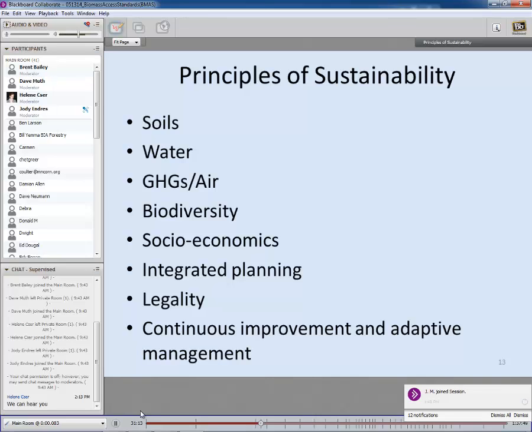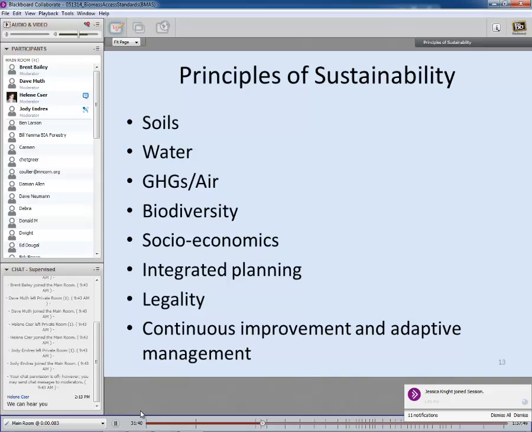For those of you who aren't familiar with some of the cornerstone principles of sustainability that we find in every basic type of standard that we have out there in land use, they typically cover, let's say, 4 categories. The first set being environmental sustainability: soils, water, air, which can include greenhouse gas emissions, and biodiversity.